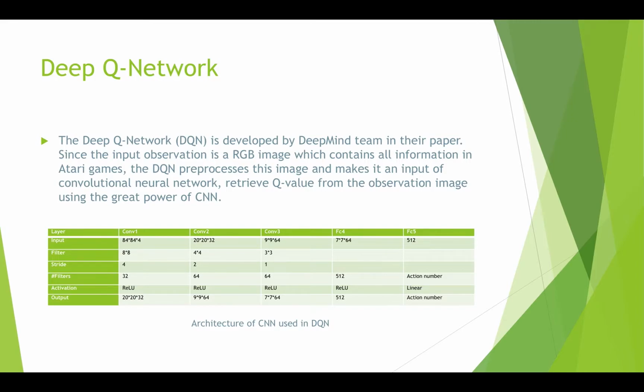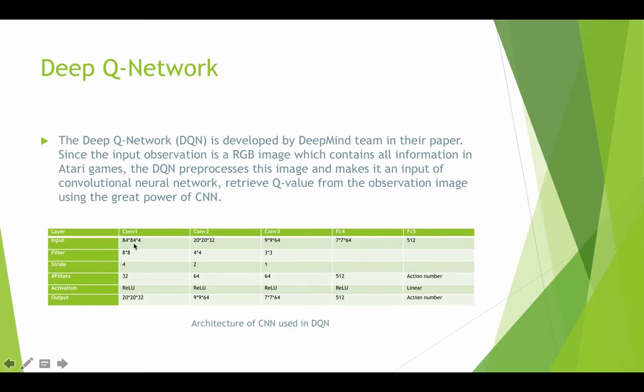So here is the detail of the architecture of the convolutional neural network used in the Deep Q network. The CNN has 3 convolutional layers and 2 fully connected layers.